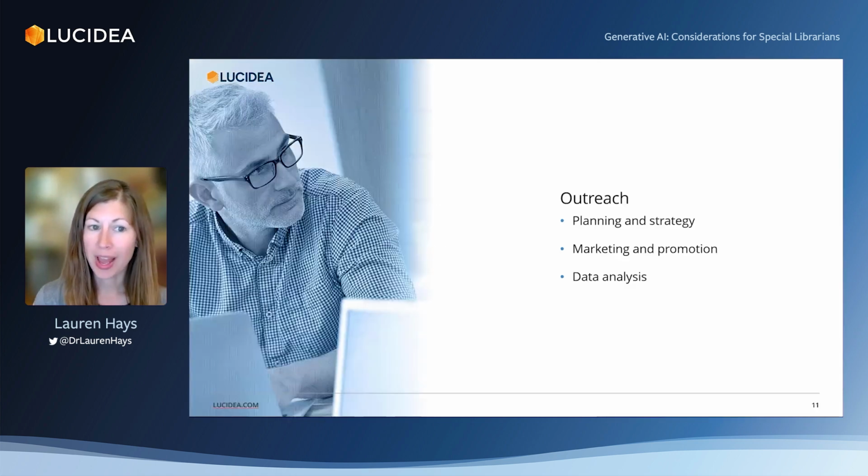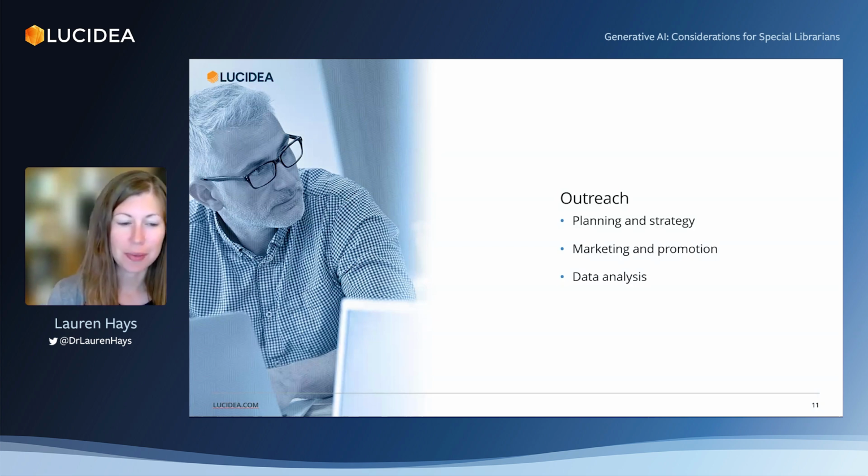So another way that we can use generative AI in libraries is with outreach. And so I asked Claude, this time instead of ChatGPT, what are some ways that I can use generative AI in library outreach? And it gave me some responses.